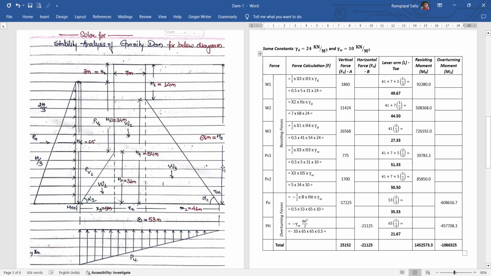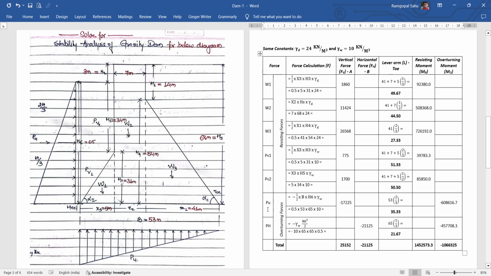And PV2 is in a rectangle shape having a height of h5, that is 34 meter, and a width of 5 meter, x3, and the specific weight of water. Substituting the values, we get a force of around 1700 kilonewton.